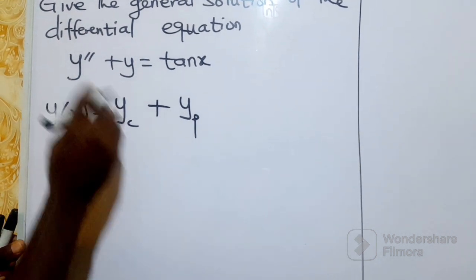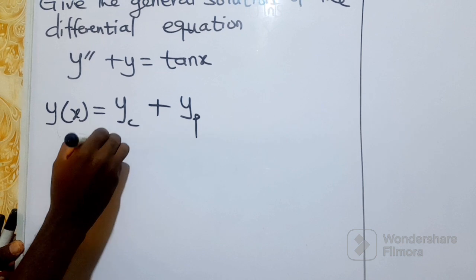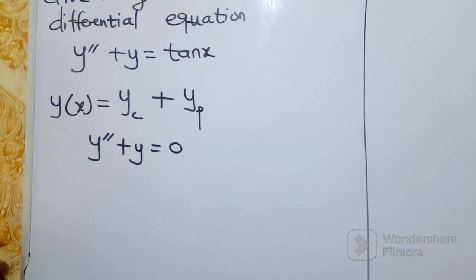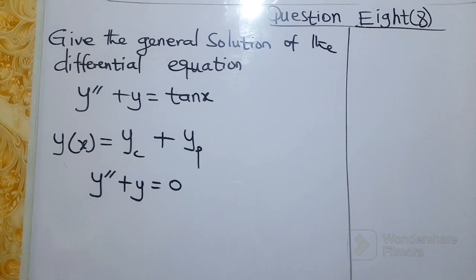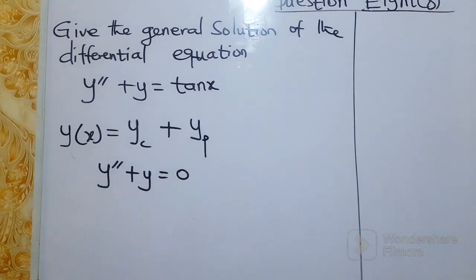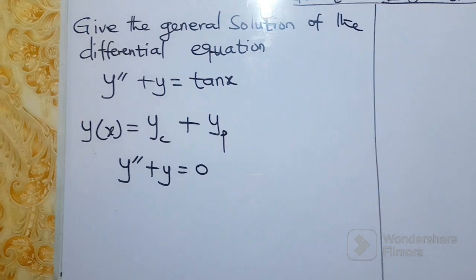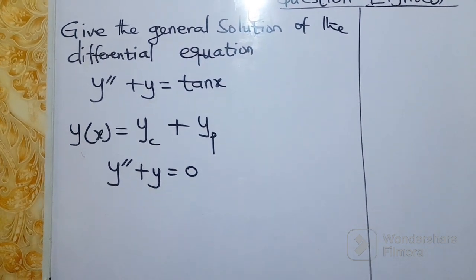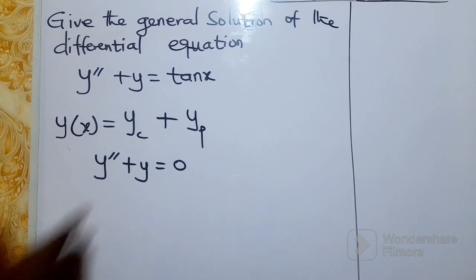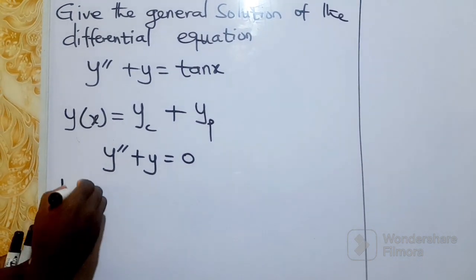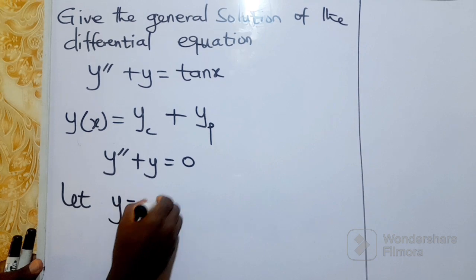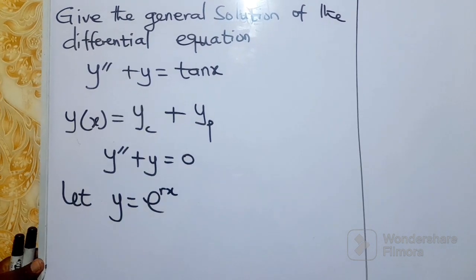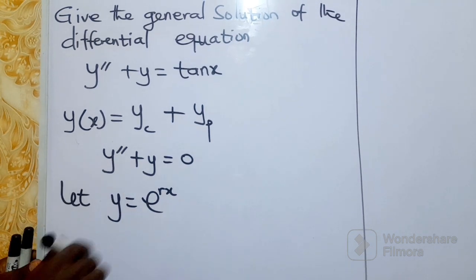So how do we make this equation homogeneous? We equate it to 0. When we set it to 0 like this, it becomes homogeneous. Then we will use the method for solving homogeneous equations. We let y equal e to the power r x, where x is the independent variable.